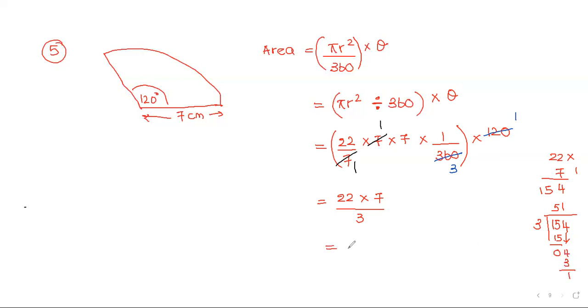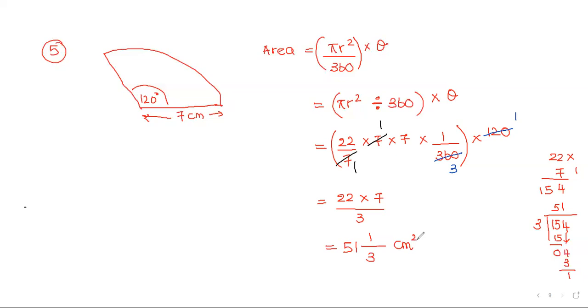Either you can write this as a mixed fraction, that the 51 and 1 over 3 centimeter square, or else you can convert this into decimal, but here you will get a recurring decimal. Therefore, it is better to keep the answer like this, right? So 51 1 over 3 centimeter square, right?